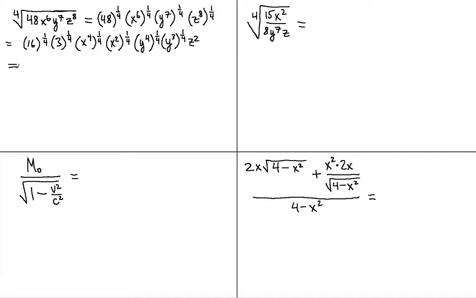Okay, so let's see what we get. Let's simplify. So we get 16 to the 1/4 is 2, because 2 times 2 times 2 times 2, 2 to the 4th power, in other words, is 16. Thus, 16 to the 1/4 power is 2. And then let's see what else can be outside the radical. Well, this x will be outside. The x squared cannot be outside.